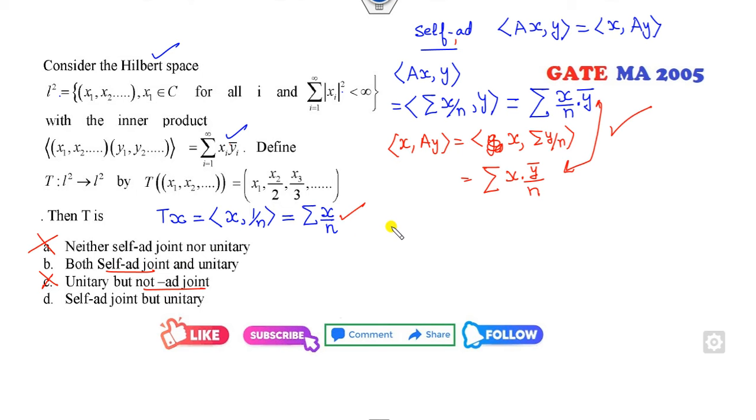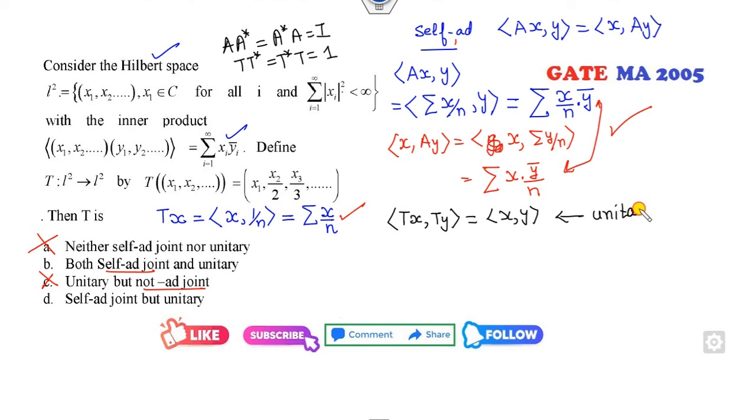How do you prove unitary? For unitary you need to prove A star A is 1, but in this case it is not given. That means T T star equals T star T equals 1, but you can see it is not given to you. So I can give another definition: if I prove the inner product is preserved, then it means it is unitary. That's the same definition. The right hand side inner product is x of y conjugate.